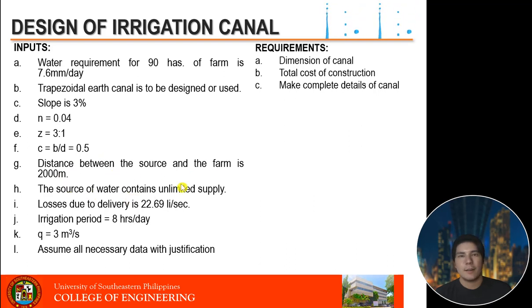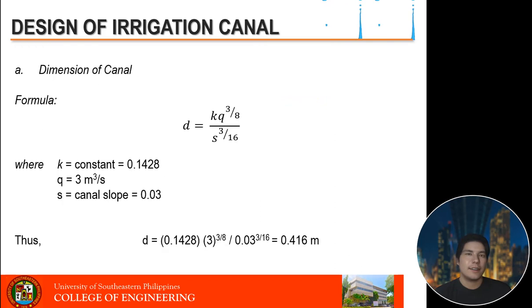The source of water has unlimited supply. The losses due to delivery are 22.69 liters. Irrigation period is 8 hours per day with a flow rate of 3 cubic meter per second, and assume all necessary data with justification. So the requirement is to compute the dimension of the canal, the total cost of construction, and also the complete details of the canal section.